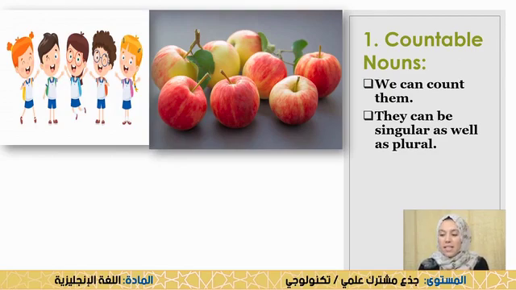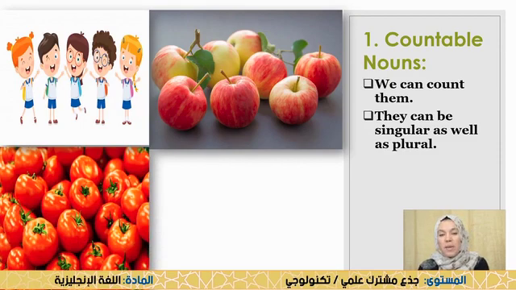Second, because it takes the singular form and the plural form. You say, I am working with a student. So it is singular. Or you say, in this classroom, we are 37 students. Plural form. Here in the picture, we have the plural form. So countable nouns can take the singular form and the plural form.